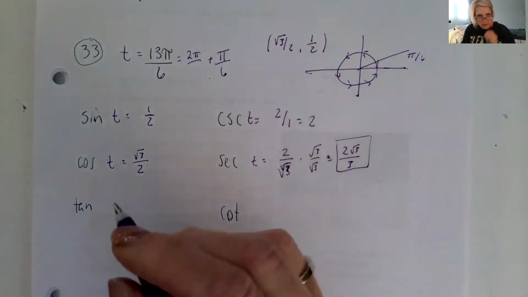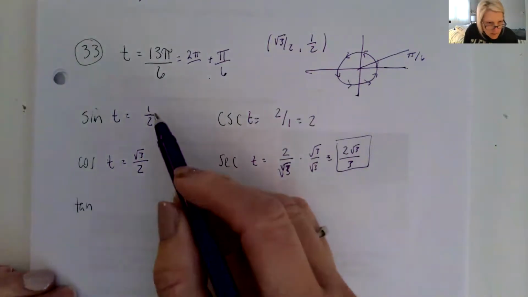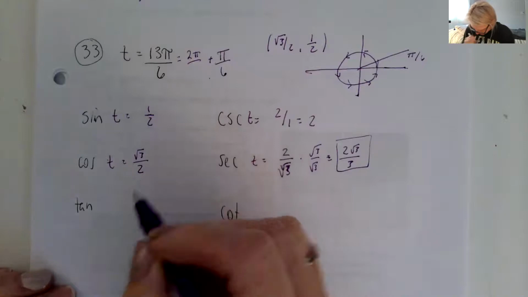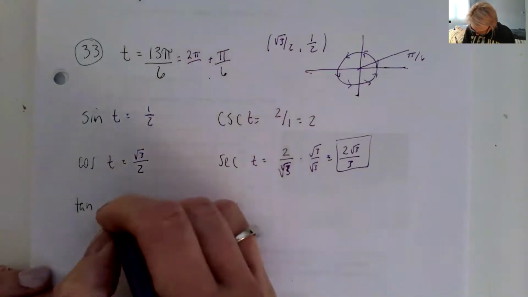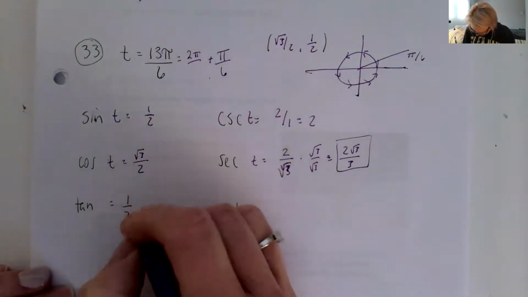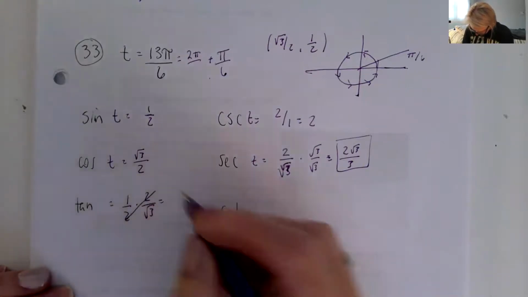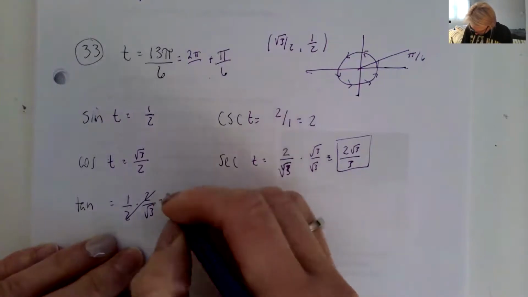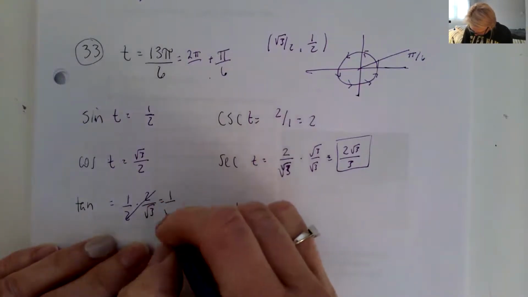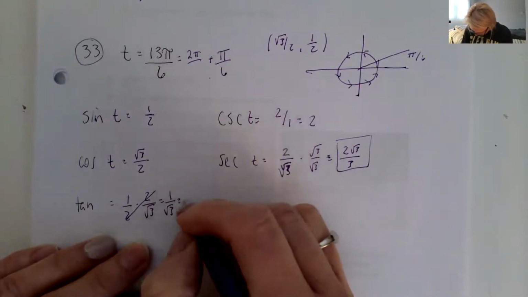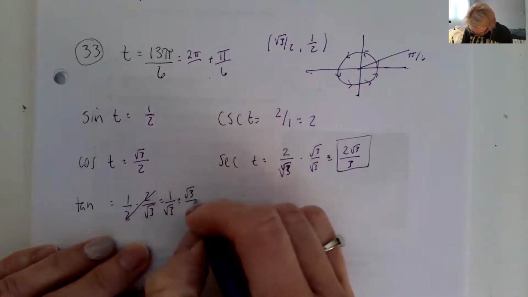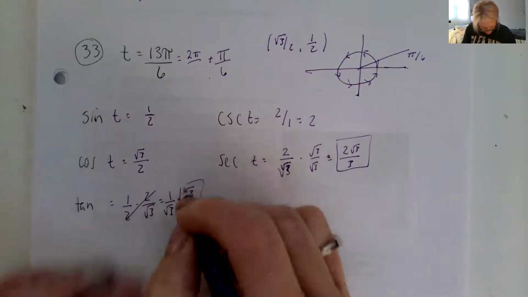The tangent is sine over cosine, which is 1/2 times 2 over the square root of 3. So this is 1 over the square root of 3, but we want to rationalize that, so that's the square root of 3 over 3.